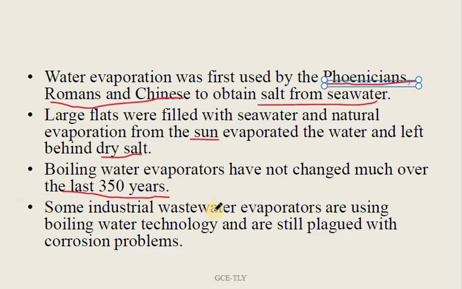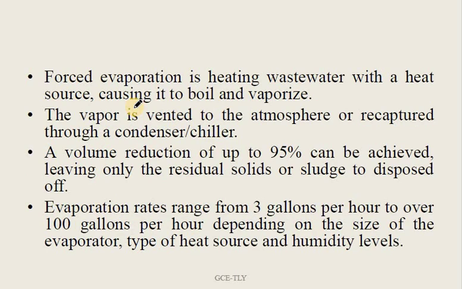Some industrial wastewater evaporators use this boiling water technology, and they still experience corrosion problems. The corrosion of boilers is still a problem even at this advanced stage. Forced evaporation is nothing but heating the wastewater with a heat source, causing it to boil and vaporize. The vapor is then released to the atmosphere or recaptured through a condenser and chiller.